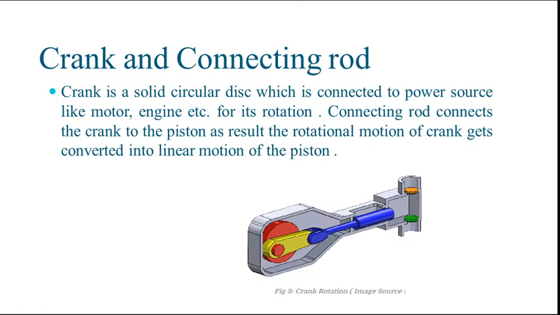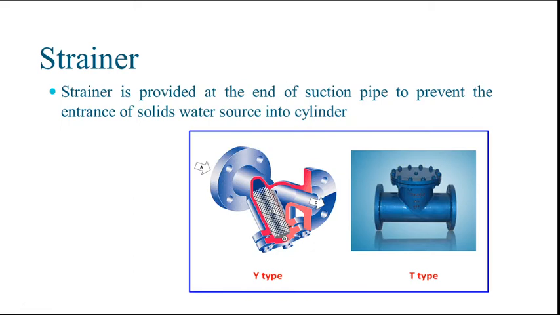Crank and connecting rod. Crank is a solid circular disc which is connected to the power source like a motor for its rotation. Connecting rod connects the crank to the piston. As a result, the rotation motion of the crank gets converted into the linear motion of the piston. Strainer.